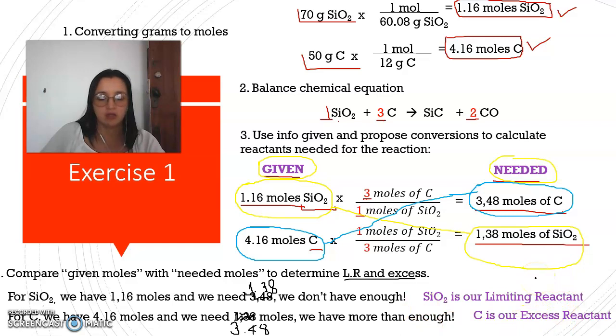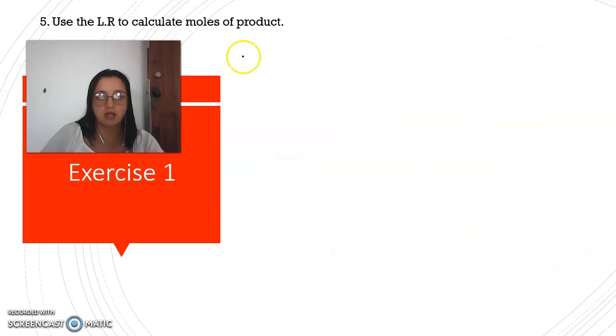Now, if we move to the last part of the exercise, or if you double check the questions that the exercise is giving me, it asks me to calculate the moles of the product. Go back to the question, read the question again, and you will notice that they're asking us for the mole of the product. So how we do that is we base ourselves on the limiting reactant.